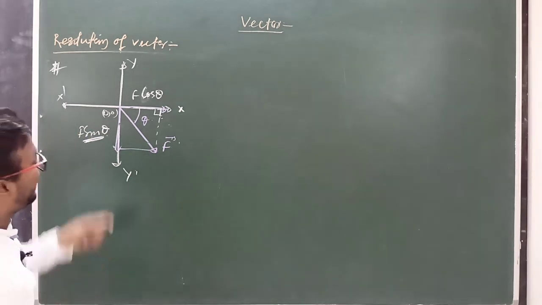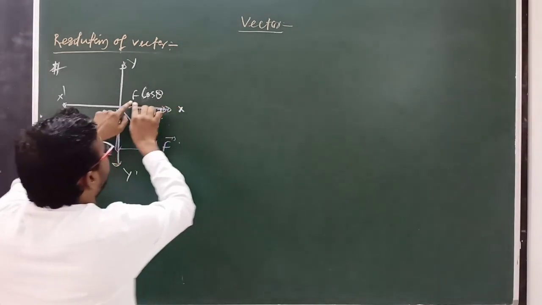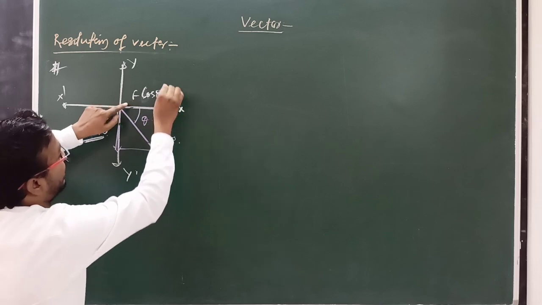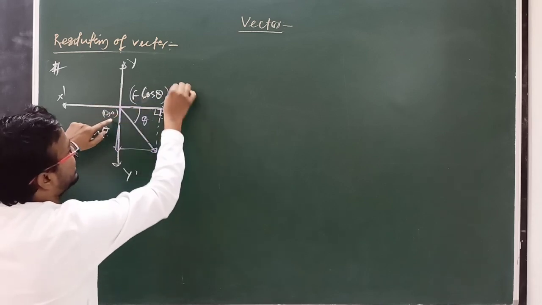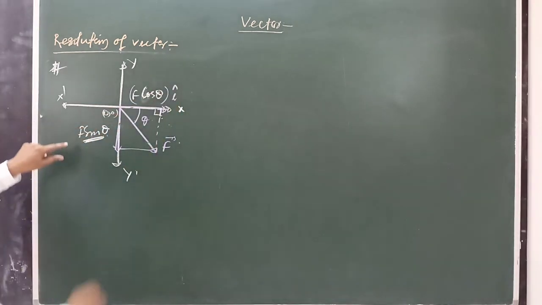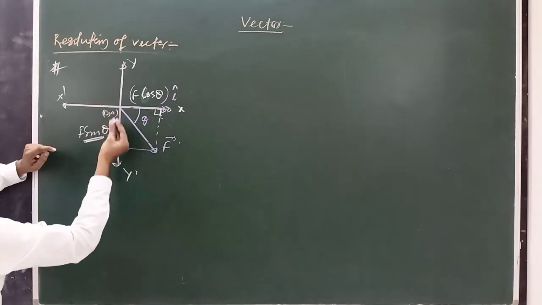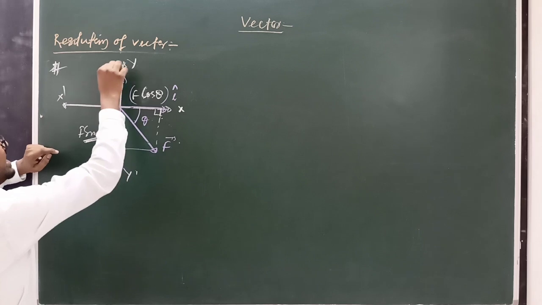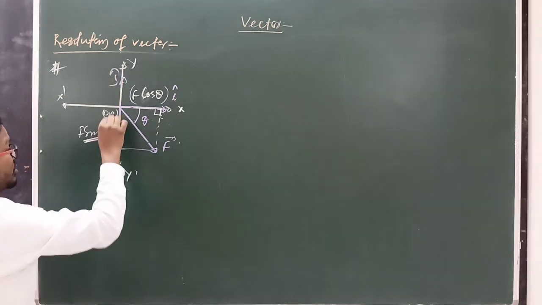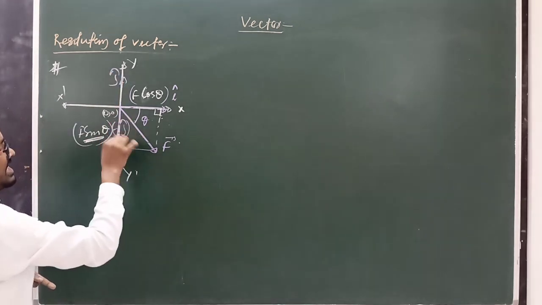Clear? How to write in vector format: f cos theta, but in which direction? Along x axis, so i cap. F cos theta i cap. Similarly, upward direction by j cap, downward by minus j cap. So you can write here minus j cap.